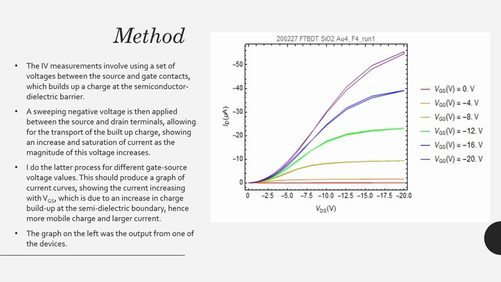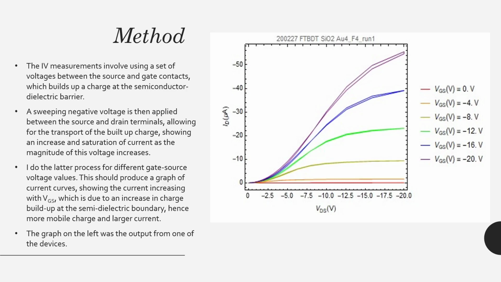This should produce a graph of current curves showing the current increasing with VGS, which is due to an increase in charge buildup at the semiconductor dielectric boundary, hence more mobile charge and larger current. The graph on the left was the output from one of the devices. As you see, the red line shows the current measurement for when the gate source voltage was at 0 volts.